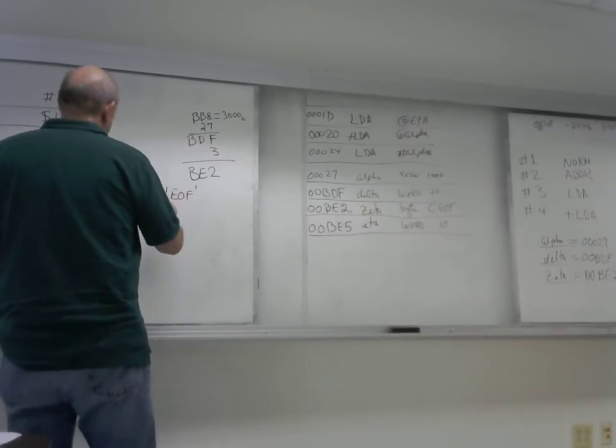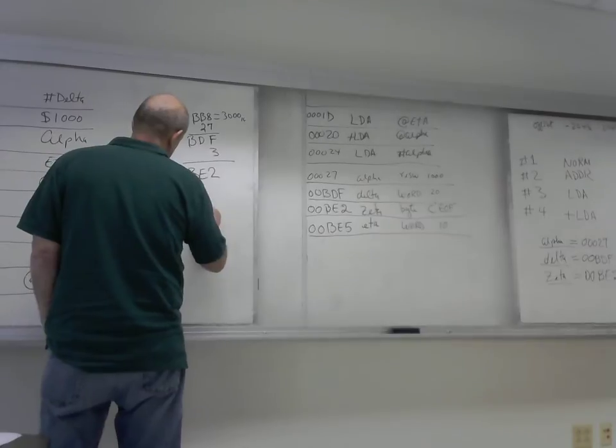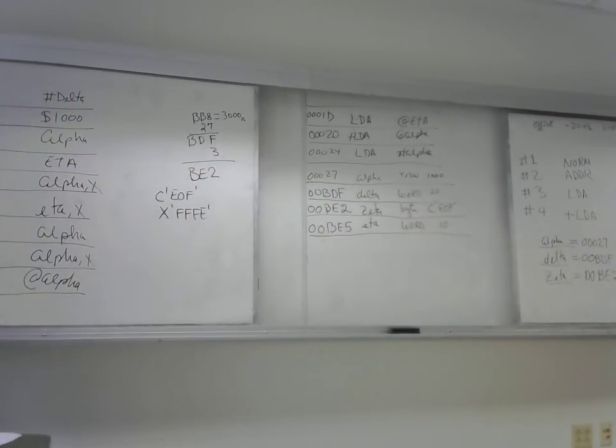Now then, the other form is this. How many bytes does that take? I'll give you a hint, it's not 4. So what's the X stand for? Hexadecimal. That's 2 bytes. 2 bytes. FFFE.